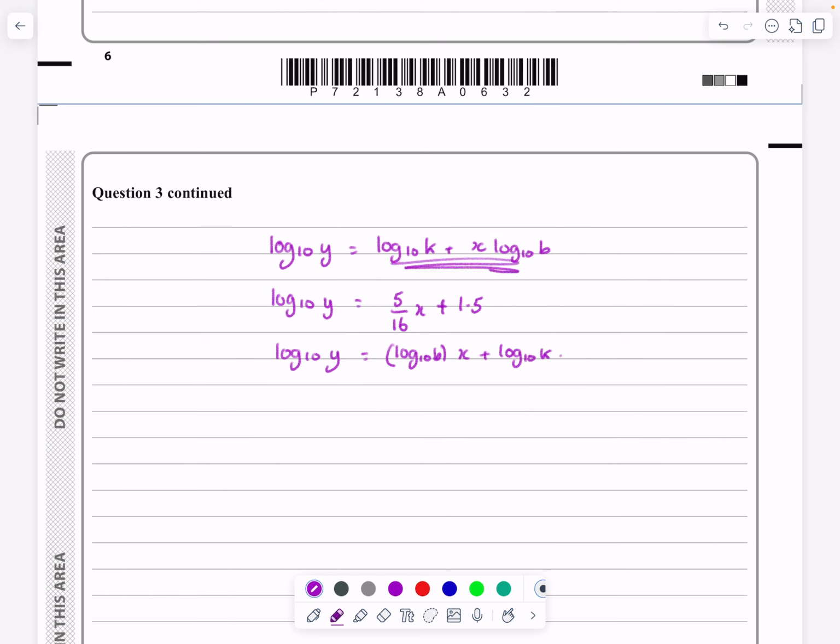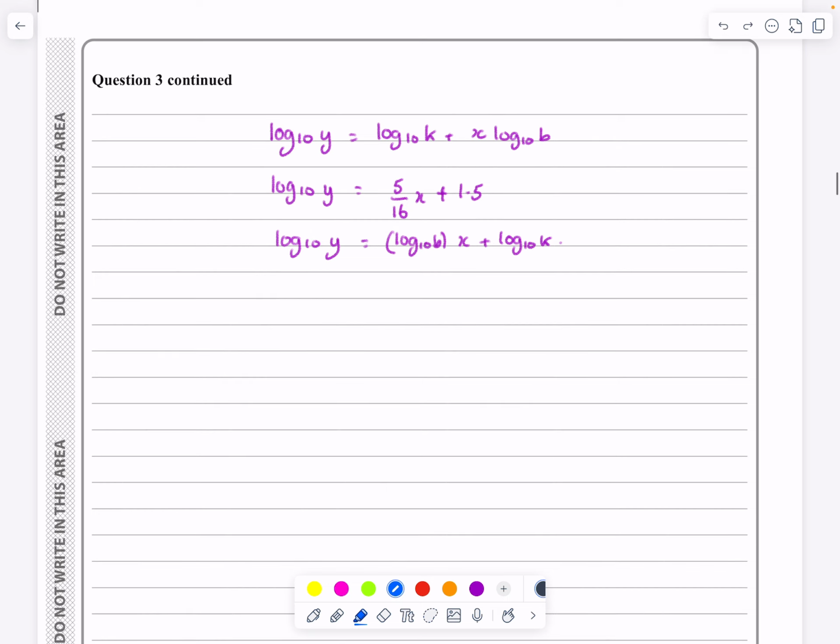What I'm doing with this is just swapping those over, so I can make some direct comparisons now. If I'm looking at these, I can say, what I've multiplied by x here must be the same as that one, and what's my constant here must be the same as that one, and then I'll be able to get some equations I can solve here.